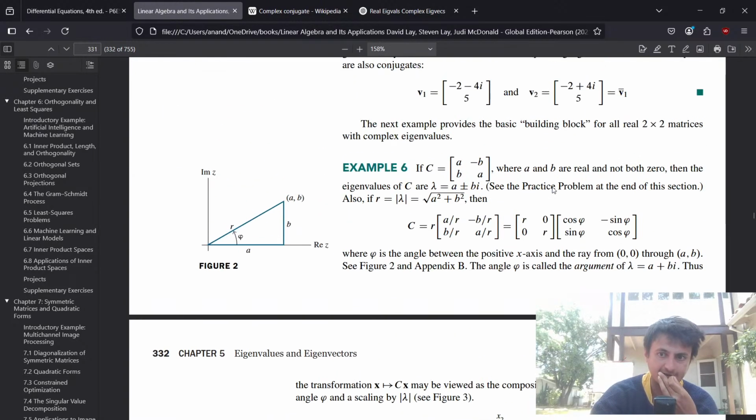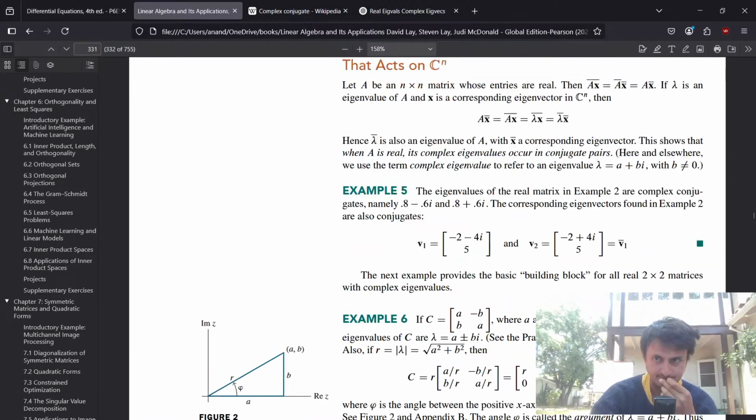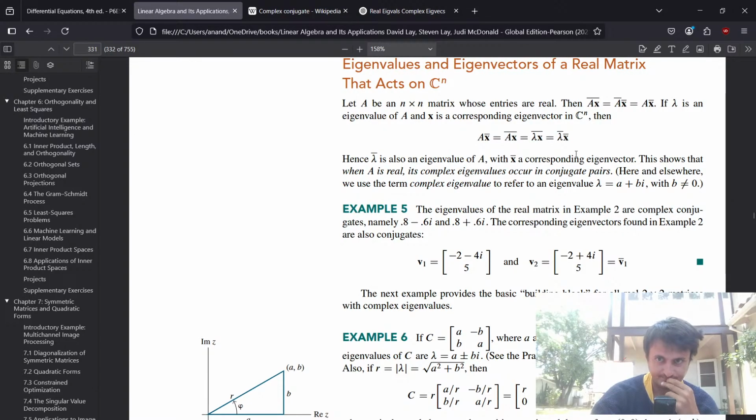But why do they need to come in pairs? Because Ax equals, yeah, okay.